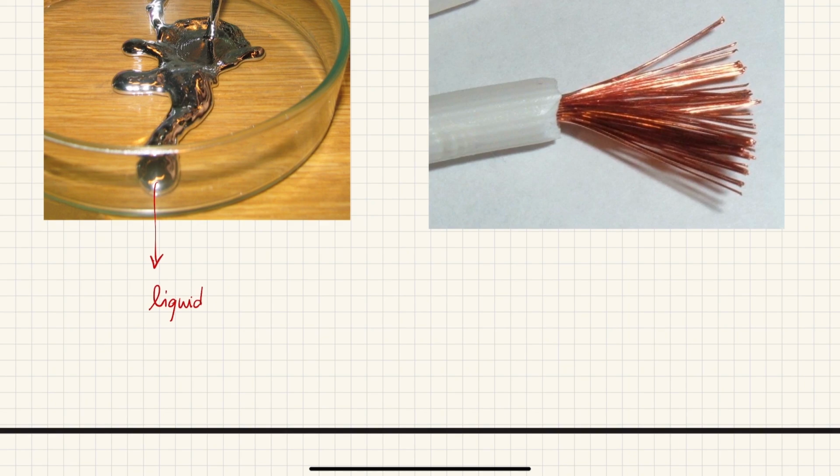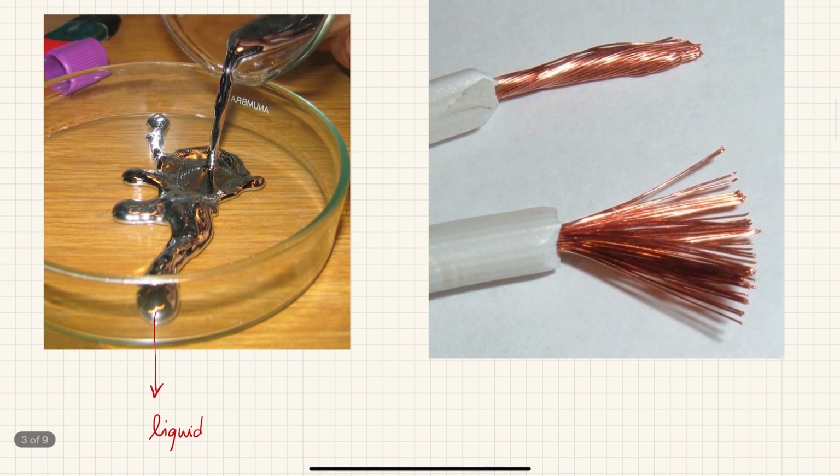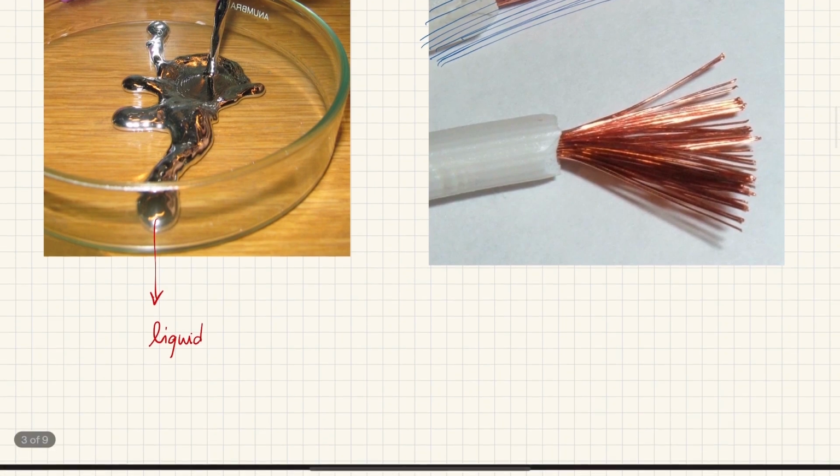Now, except for mercury, all metals tend to stay solid at room temperature and they look shiny. They're also capable of conducting heat and electricity perfectly. You can also shape metals the way you want, as they are ductile, which means they can be drawn into wires, and malleable, which means they can be hammered into thin sheets.